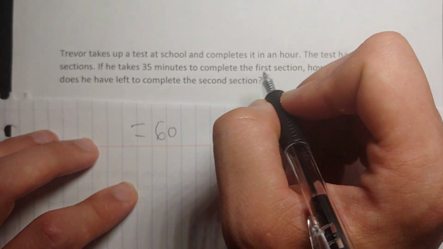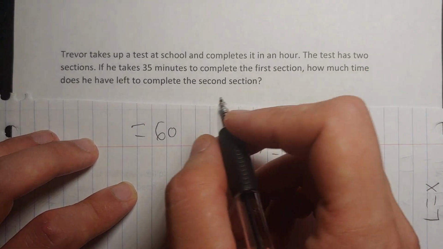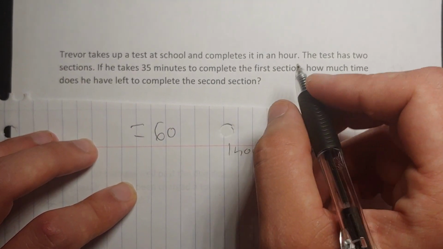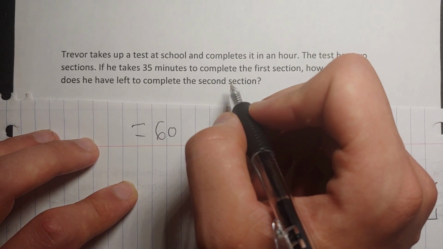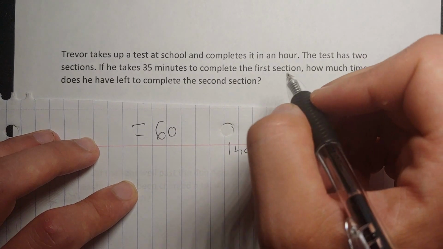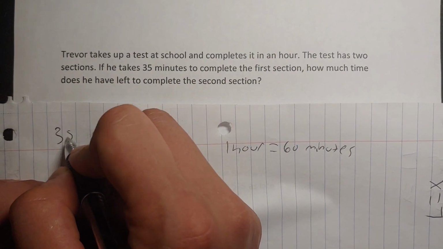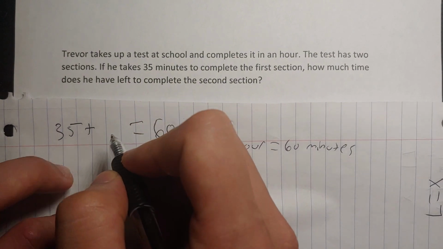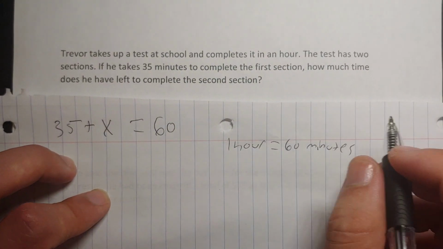He takes 35 minutes to complete the first section. How much time does he have to complete the second section? So it's the first section plus the second section totals out to an hour. So the first section was 35 minutes. Plus, I have no idea what the second section is, so that's going to be x.